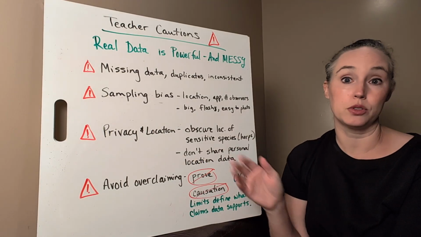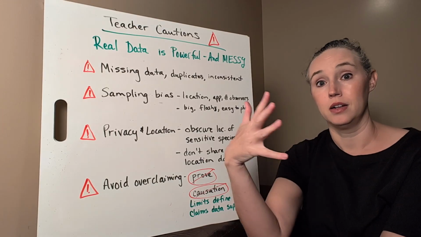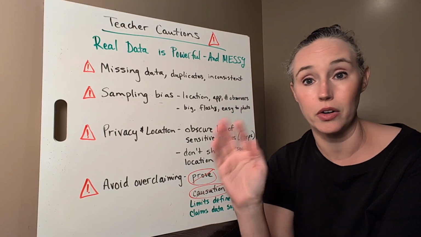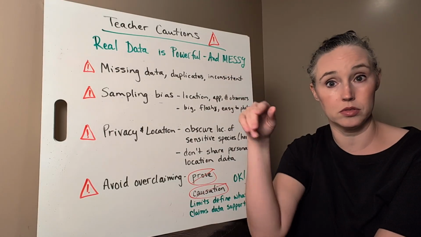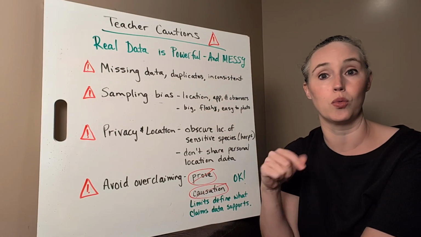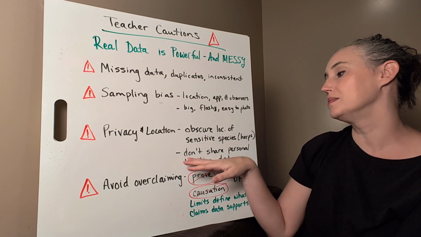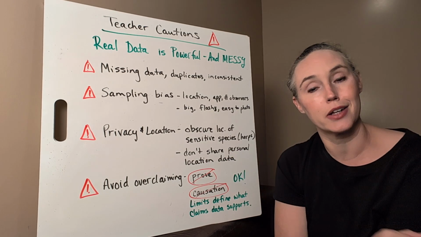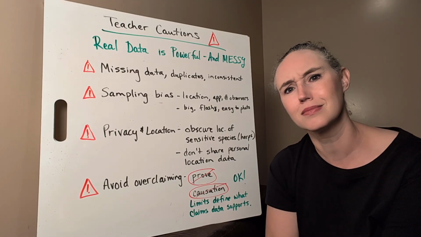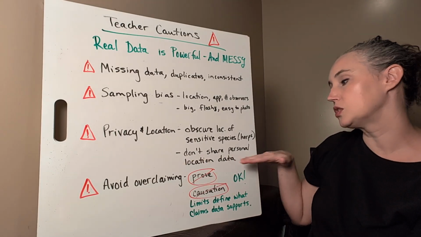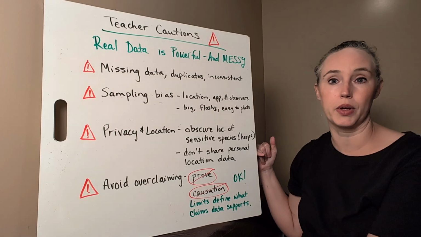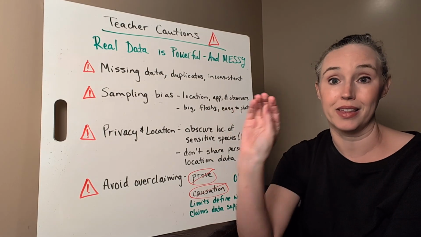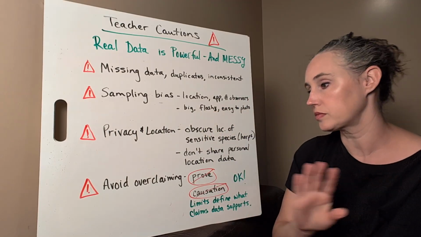Also, please remind students, if you are having them add observations to iNaturalist, which I totally encourage, as long as their age matches that of what is required by the website, to not say, I found this in my backyard, and then tag their addresses for the location. Don't do that. We don't want them to be sharing personal location data. They can stick to like the city or the county, and that's just fine.